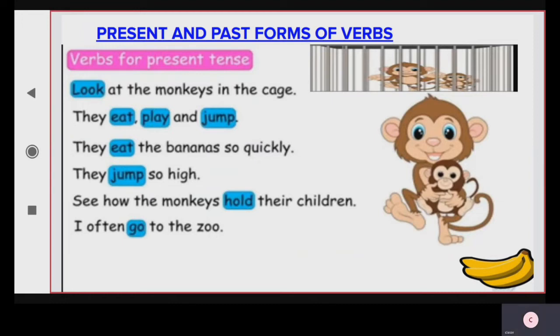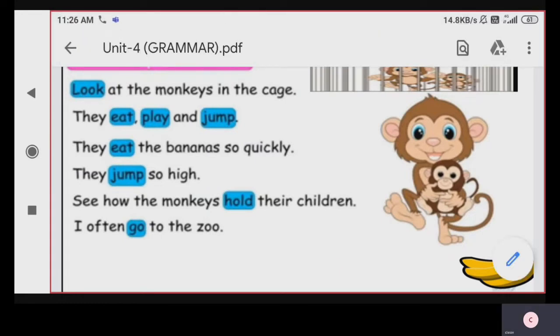Look at the monkeys in the cage. They eat, play, and jump. They eat the bananas so quickly. They jump so high. See how the monkeys hold their children. I often go to the zoo.